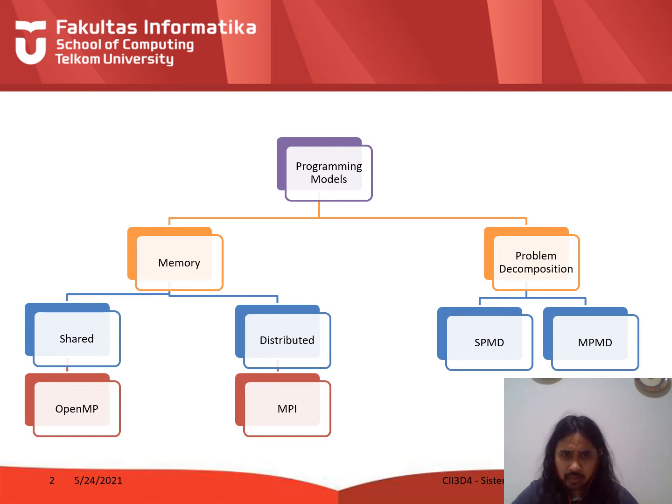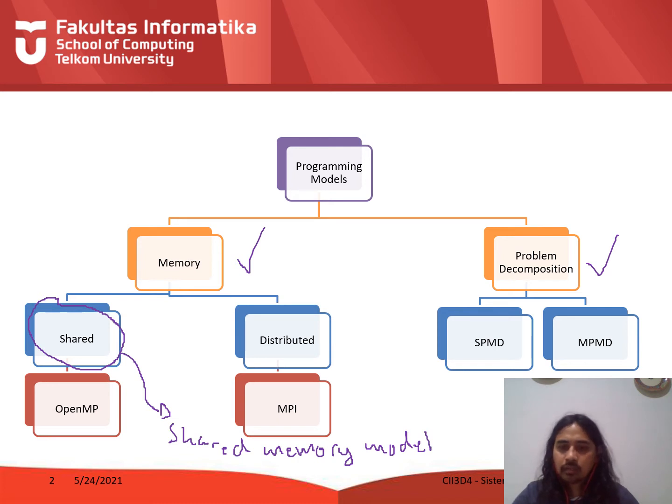The first is based on the memory, and the second is based on the problem decomposition, and we are going to discuss one of the models based on memory, which is the shared memory model.